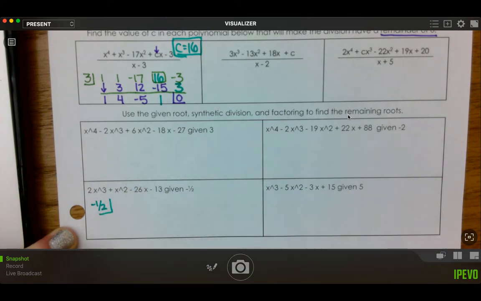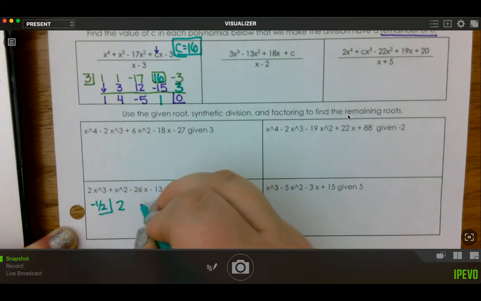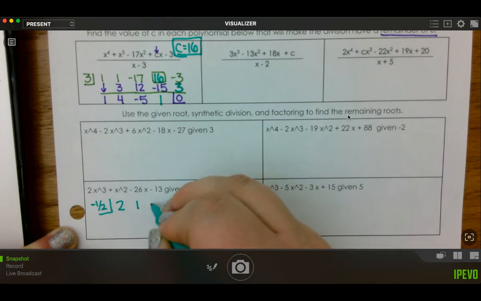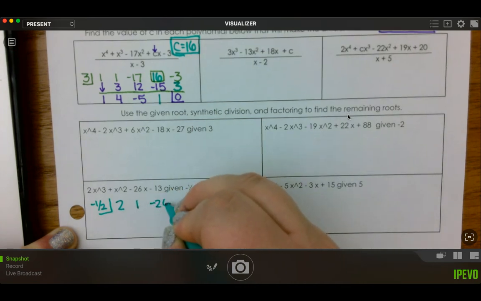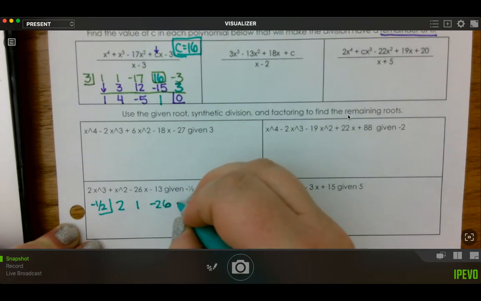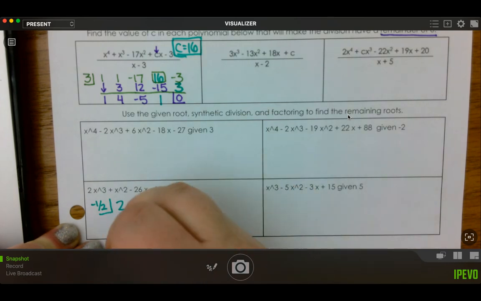Don't freak out because it's a fraction. Also, if you're doing this from home, from the PDF, I will have fixed this. It's kind of wonky right now. This is supposed to be x cubed, x squared, and so on. But my numbers out front are 2, 1, negative 26, and negative 13.